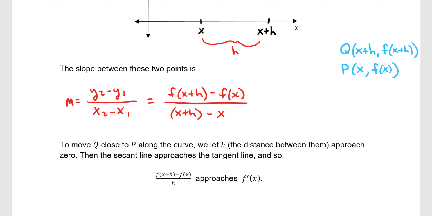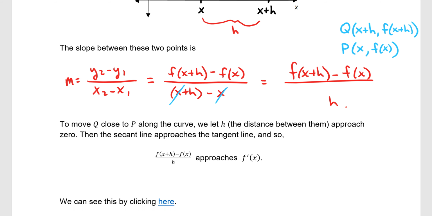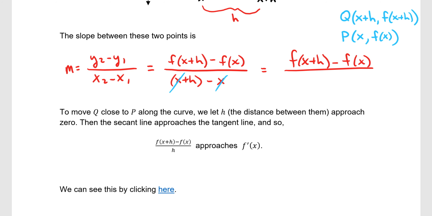So what actually happens here is that the x's in the denominator cancel off, and we are left with f of x plus h minus f of x, all divided by h. So this is something that's very, very important. This is called the difference quotient. And that's going to be very important for the last page in this section, as well as going forward.